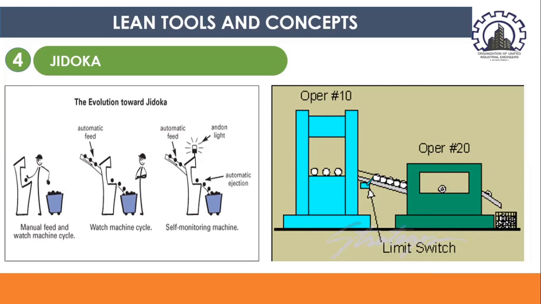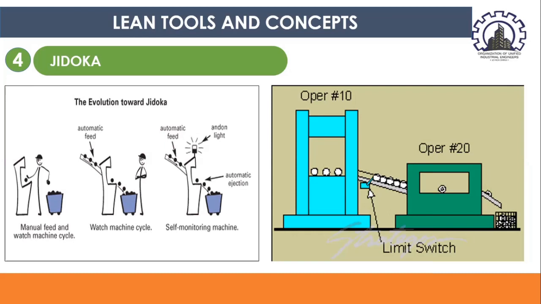In between them, you have what we call a limit switch, meaning you cannot add additional materials on the conveyor if there are still pending or queuing materials to be communicated to the next process. So that is what we call a limit switch.